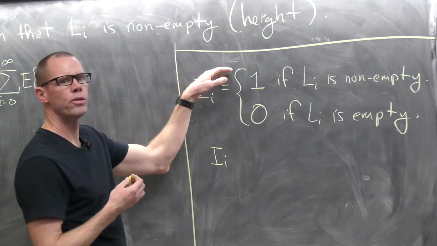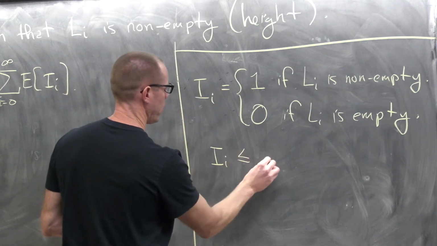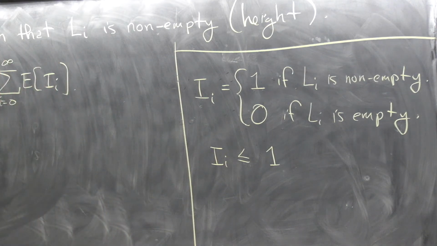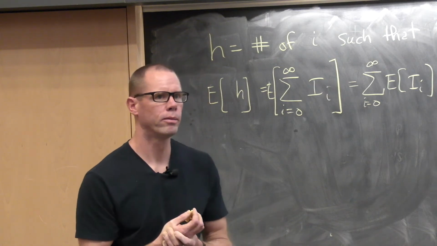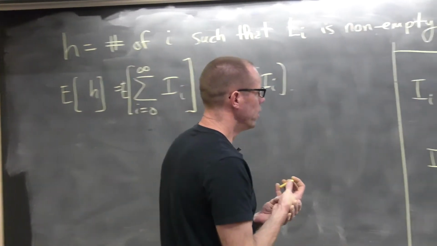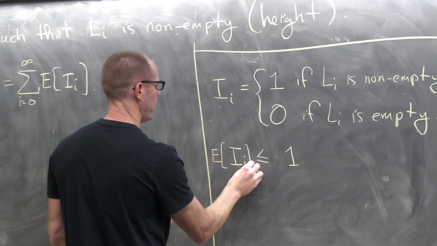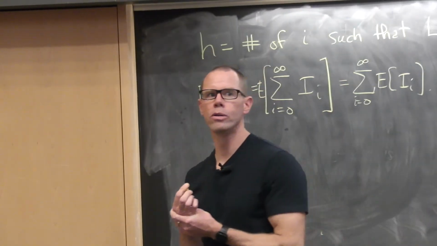This variable, whose value is 0 or 1, is less than or equal to 1. Do you believe that? That's always true, right? If it's either 0 or 1, that means it's always less than or equal to 1. So that means its expected value is also less than or equal to 1. That's good to know.